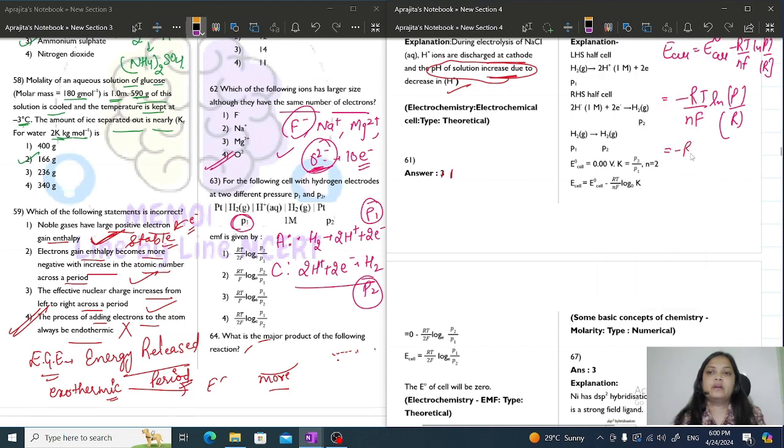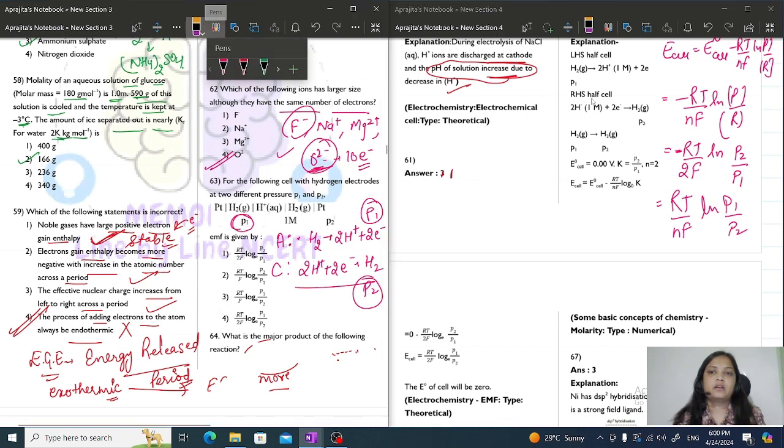So it would be minus RT upon 2F, since the value of n is 2 in this case. In the product we write P2 and on the reactant side it's P1. Now it's negative, so to make it positive, we can write RT upon nF log P1 upon P2. So that is going to be our answer, option number 4: RT upon 2F log P1 upon P2.